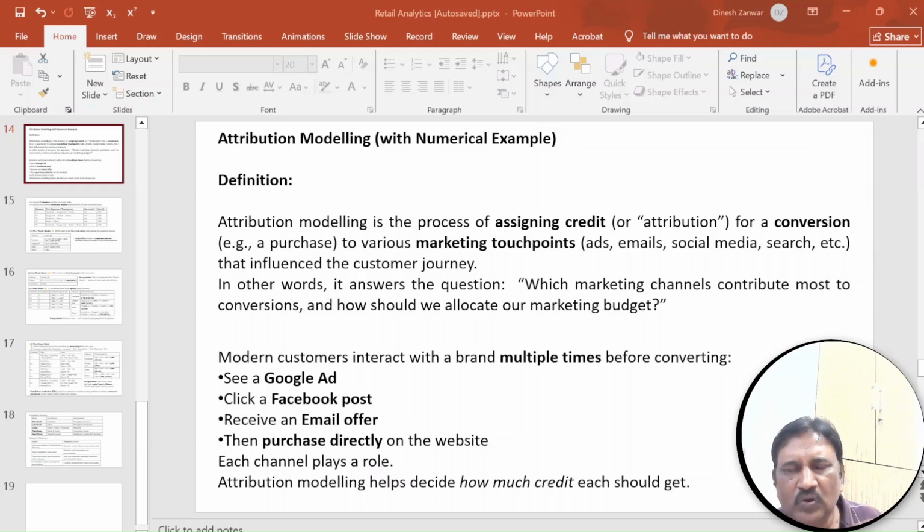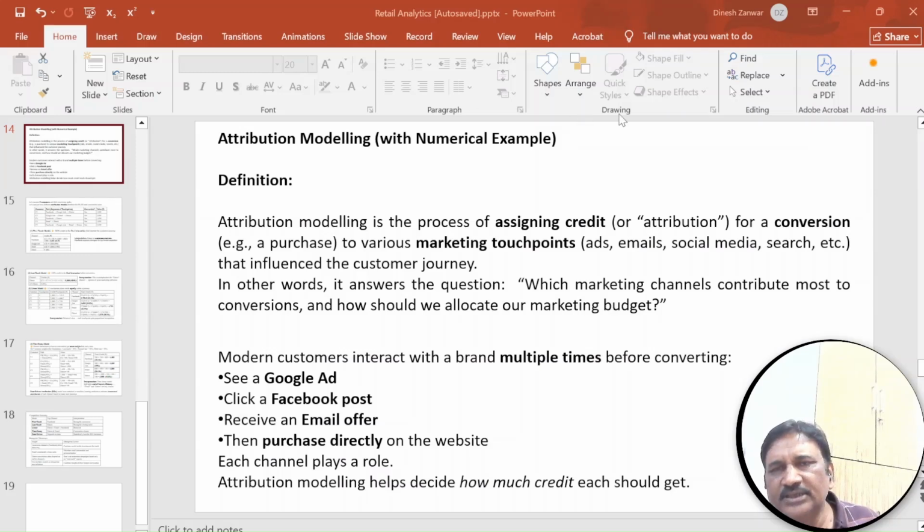So the weight which the direct purchase will get is the total, that is 1,000 plus 2,000 plus 1,500 plus 1,000 plus 2,500, summing to 8,000, and all the others, that is email, Google ad, and Facebook, do not get the last touch. 100% credit goes to the final interaction before conversion.